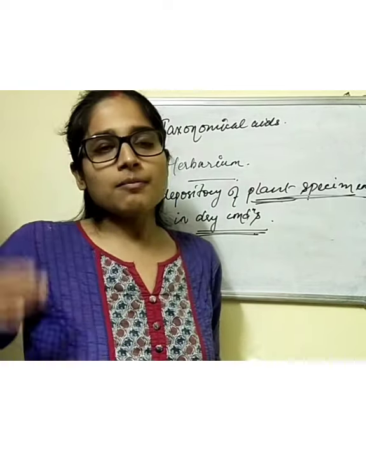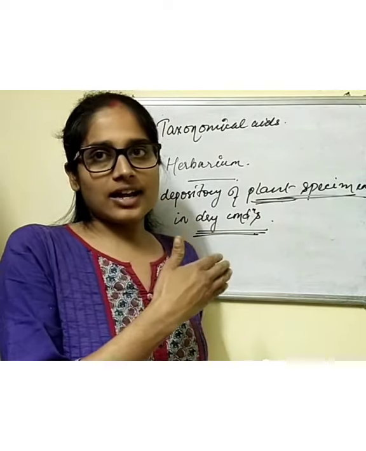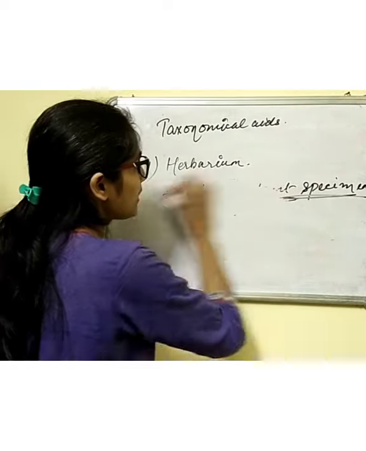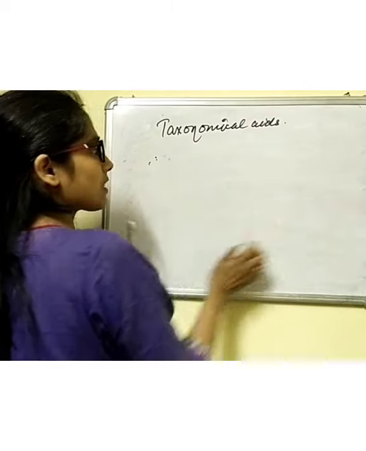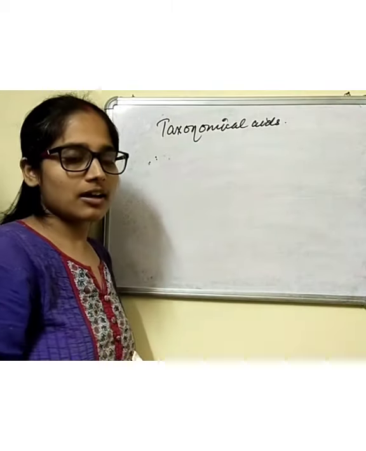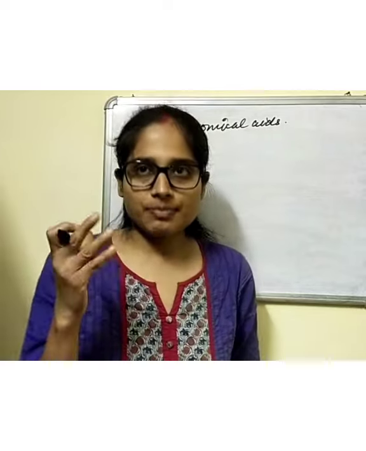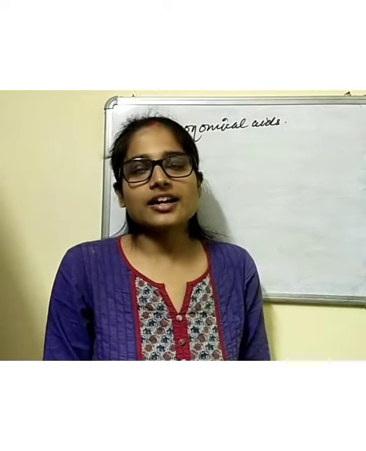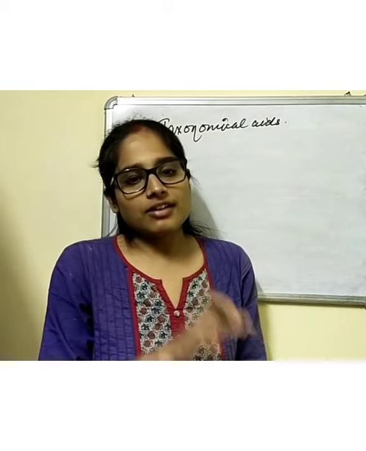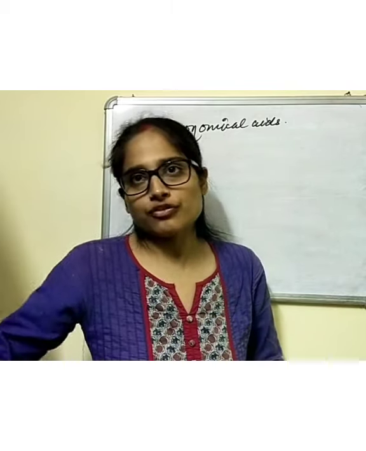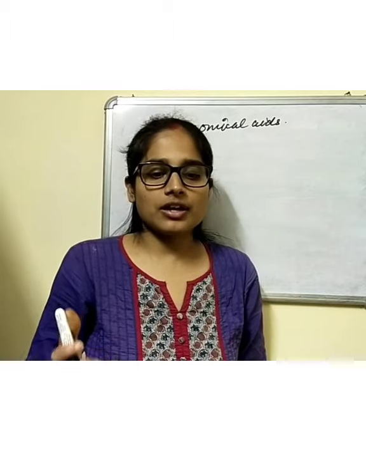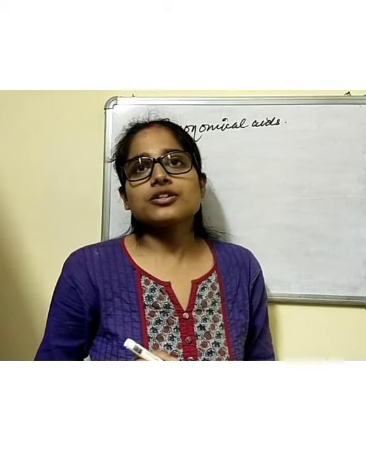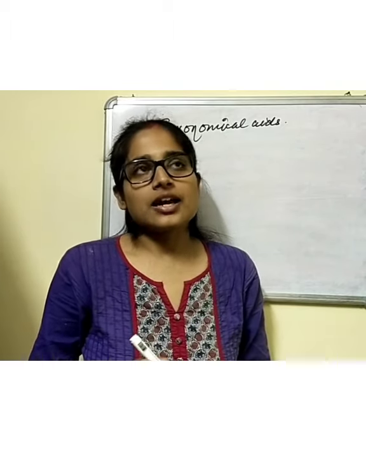So there are a set of procedures for how they have to be dried. The various steps in drying and labeling specimens for maintaining a herbarium are: first, the specimens are collected, then they are pressed and dried. Why are they pressed? To get rid of the moisture content. Then the third step is sterilization and poisoning. Why?